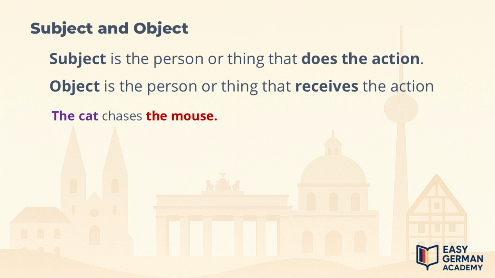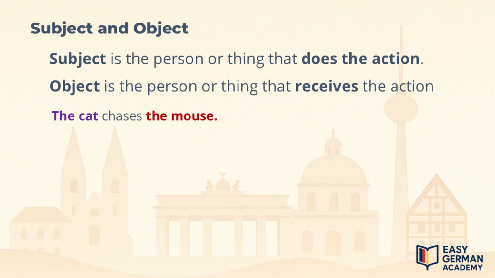She's doing the chasing. The mouse is the object. He's being chased. You can ask yourself, who is doing the action? The cat. Subject. Who is receiving the action? The mouse. Object. It's the same in German, but instead of relying only on word order, German uses cases to show who's the subject and who's the object.